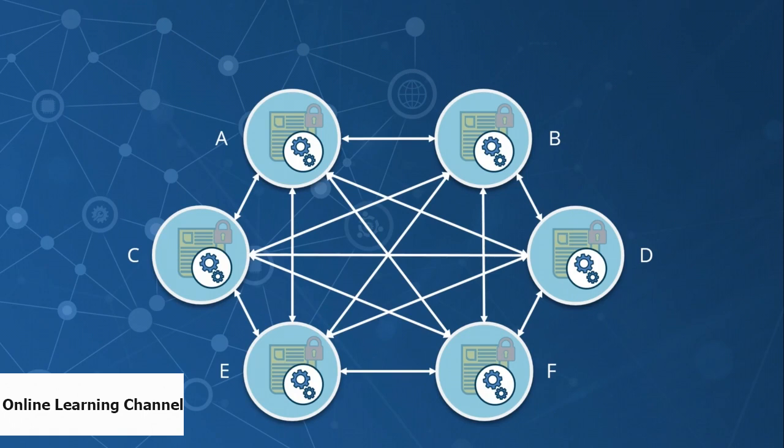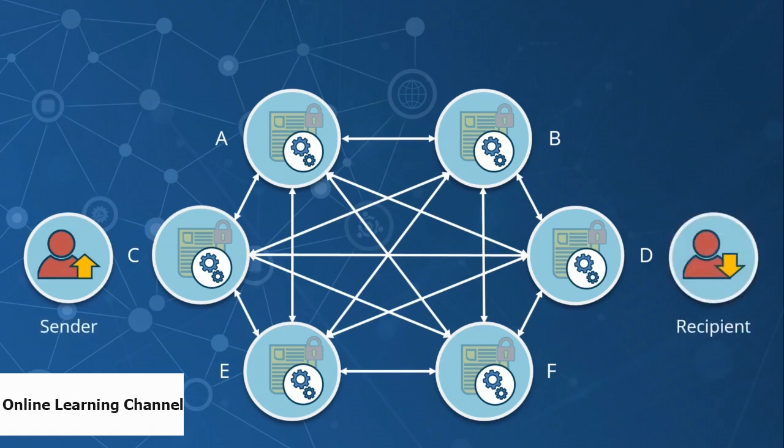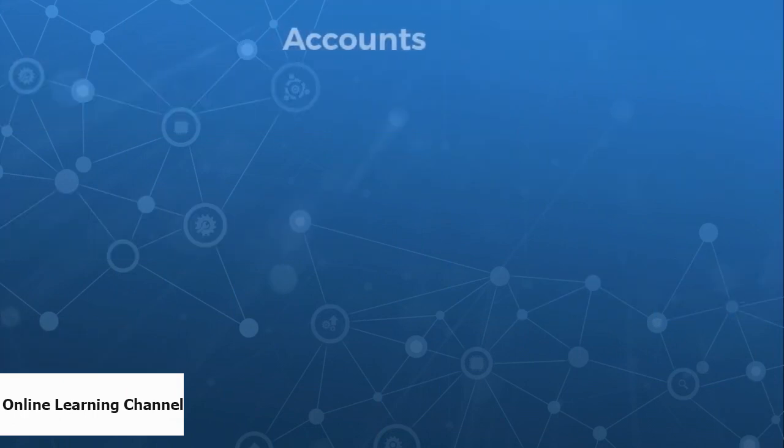So if there is any transaction which needs to be initiated on the blockchain network, and for simplicity's sake, consider that there is a simple Ether transfer transaction. Assume that this transaction is being triggered by the node C, which needs to send some Ether over to the recipient, which is on node D. This Ether transfer transaction will in fact take place through the accounts belonging to each of these participants.